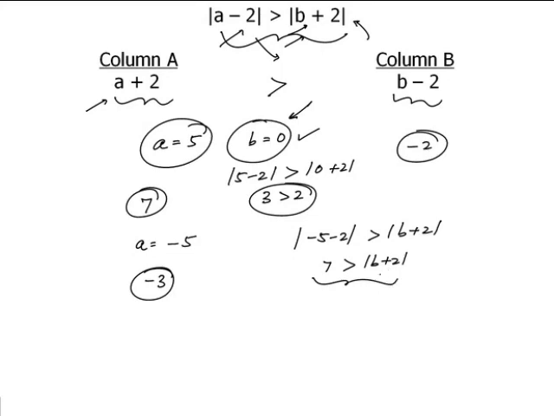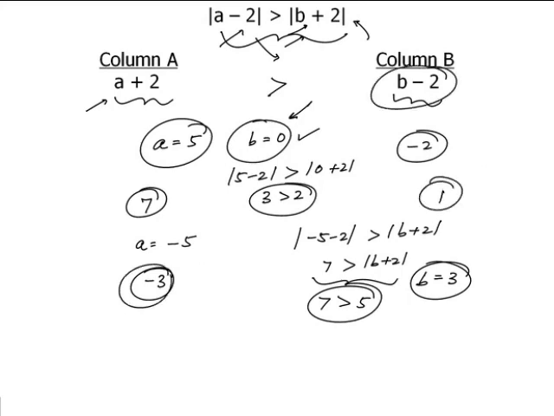And for example, if I pick B to be, say, 3, that would be 7 is greater than the absolute value of 5, which is true. And then when I plug into column B, 3 minus 2 is 1, and 1 is indeed greater than minus 3. So now column B is greater.